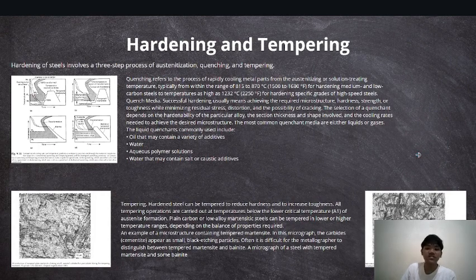Hardening and tempering. Hardening of steel involves a three-step process of austenitization, quenching, and tempering.